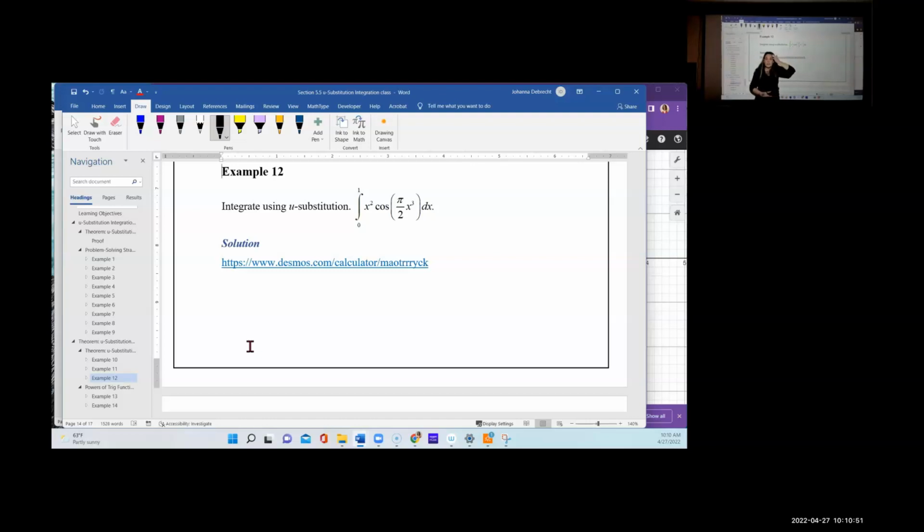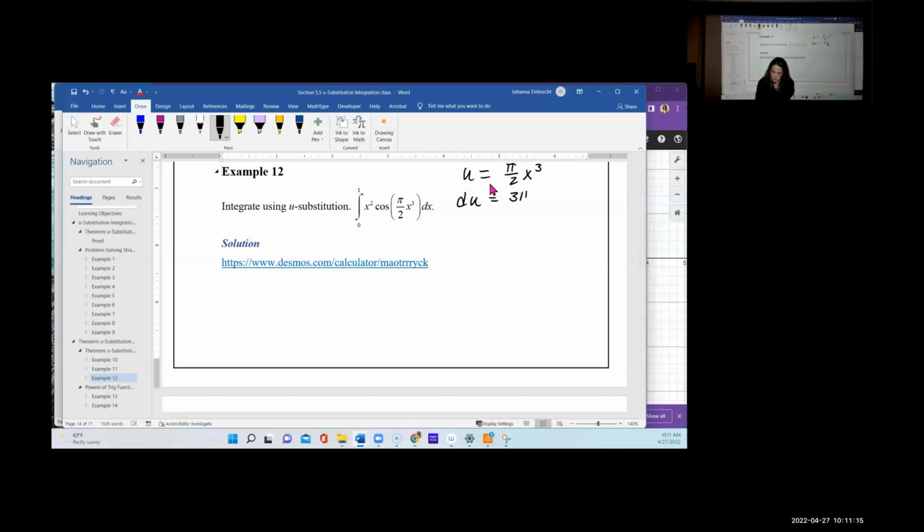Remember that when you're looking for u and you're looking for the derivative of it, they should be multiplied or divided with the other stuff, not added or subtracted. So we've got a front runner for u. So we're going to let it be pi/2 x cubed. And now we're going to find the derivative and abuse the notation and swing it around.